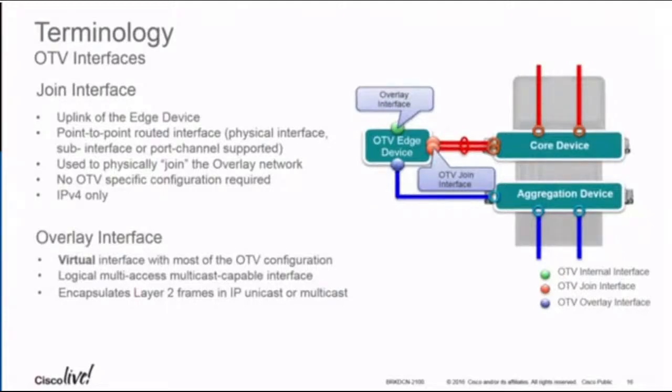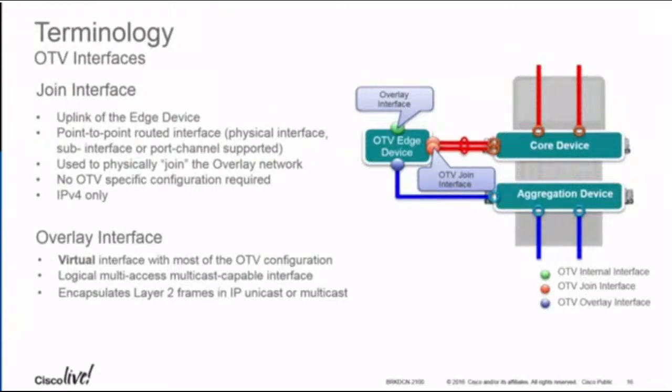Join interface. Join interface is the uplink of the edge device. I told you one such interface would be there in the edge device which will be facing towards the outside world. That is the join interface. It's a plain L3 interface, and 2 data centers having one join interface each should be able to talk. The transport layer should be maintained. The routing should be good enough so that OTV can be built on top of these join interfaces.